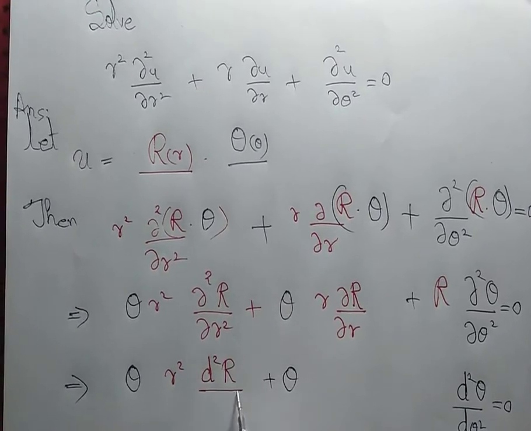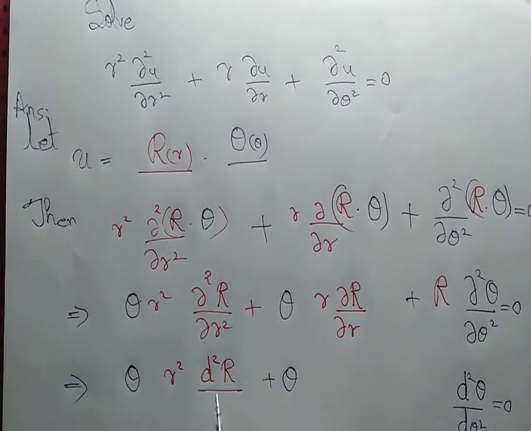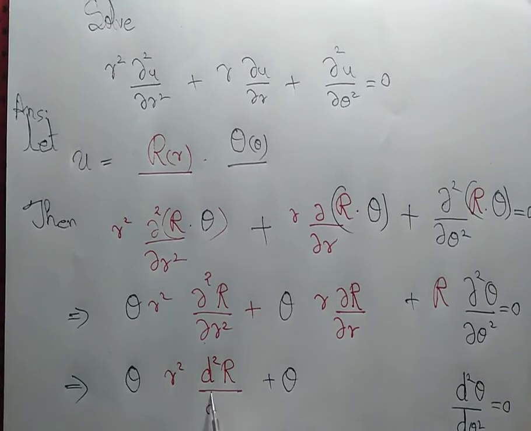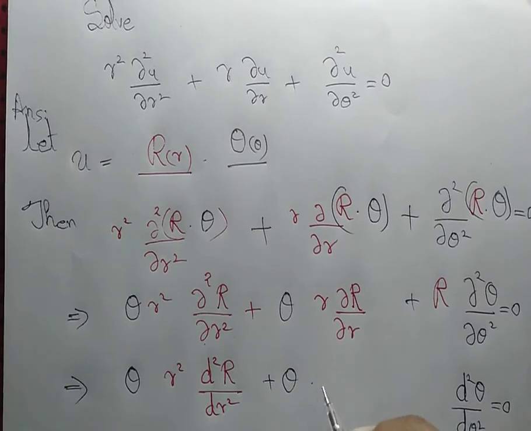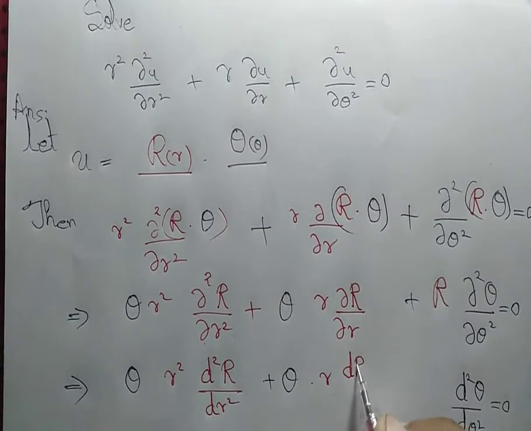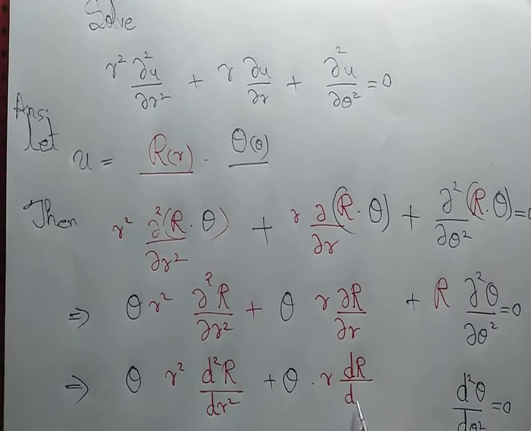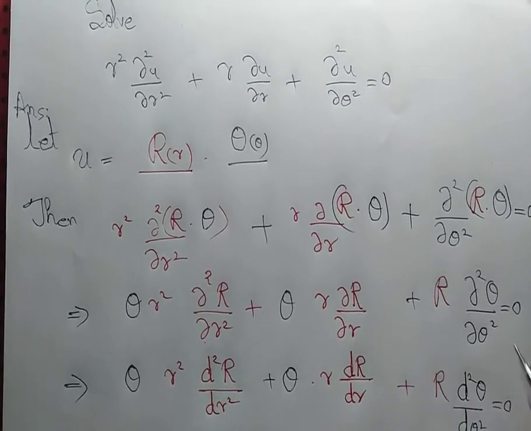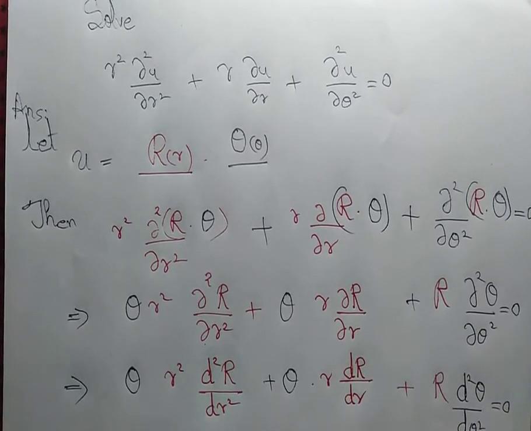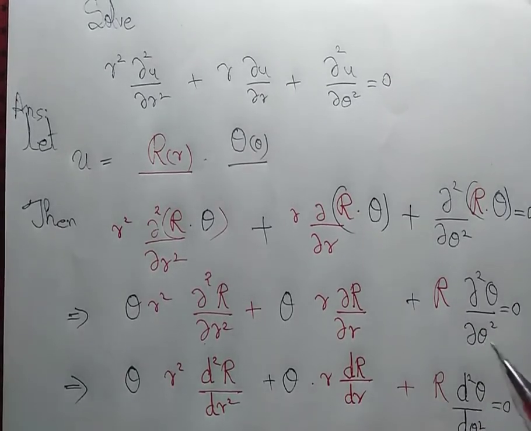Since r depends only on r, the ordinary derivative must be the same as the partial derivative. Here also, since r depends only on r, the ordinary derivative must be the same as the partial derivative. Here theta depends only on theta. The ordinary derivative and partial derivative must be the same.